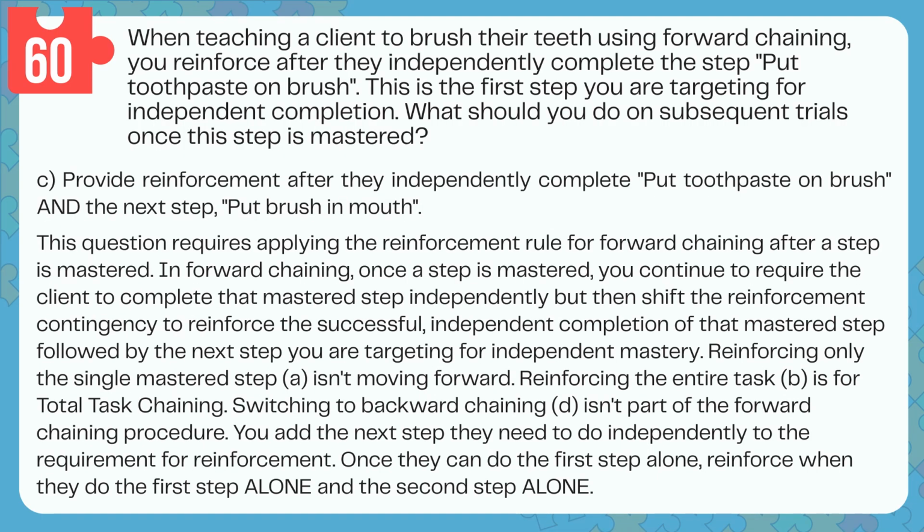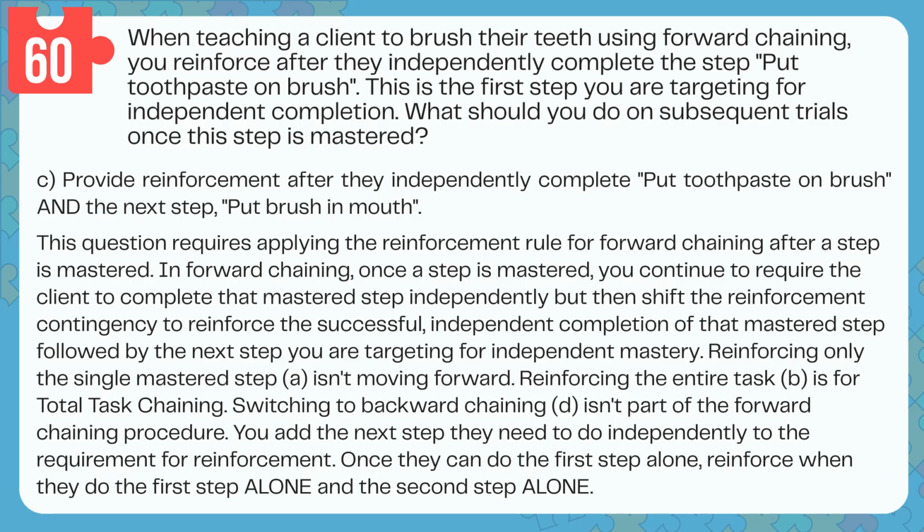Answer: C. Provide reinforcement after they independently complete put toothpaste on brush, and the next step, put brush in mouth. Explanation: this question requires applying the reinforcement rule for forward chaining after a step is mastered. In forward chaining, once a step is mastered, you continue to require the client to complete that mastered step independently, but then shift the reinforcement contingency to reinforce the successful independent completion of that mastered step, followed by the next step you are targeting for independent mastery.